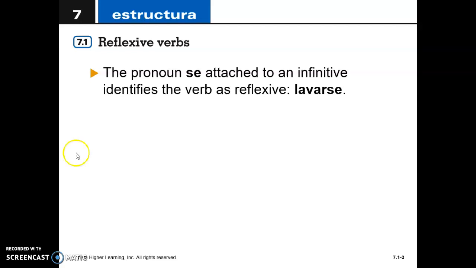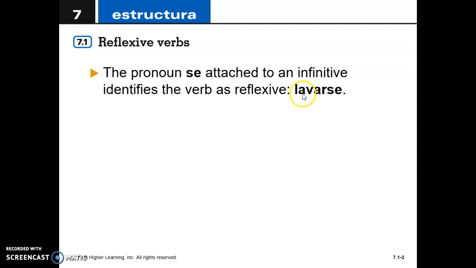So how do we recognize reflexive verbs when they are not conjugated? Just remember that we have verbs ending in ar, er, or ir. At this point, you probably remember that. Whenever we have that se at the end, that will indicate that that verb is used as a reflexive verb and not just as a regular verb.